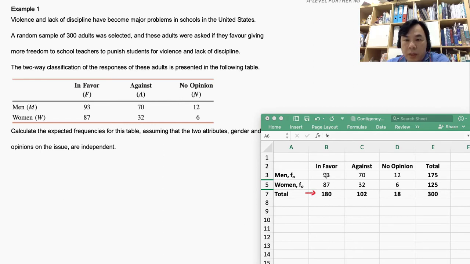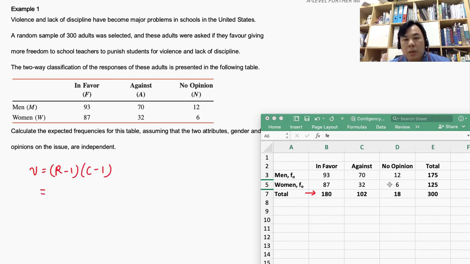The total vertically: we add up 93 with 87, so we get 180. Then we get the total for each row: 93, 70, 12, we get the total here. For the second row, the total is here. For each column, we have to tabulate the total. Due to the restrictions of the totals on each row and column, our degree of freedom is given by r minus 1 multiplied by c minus 1.